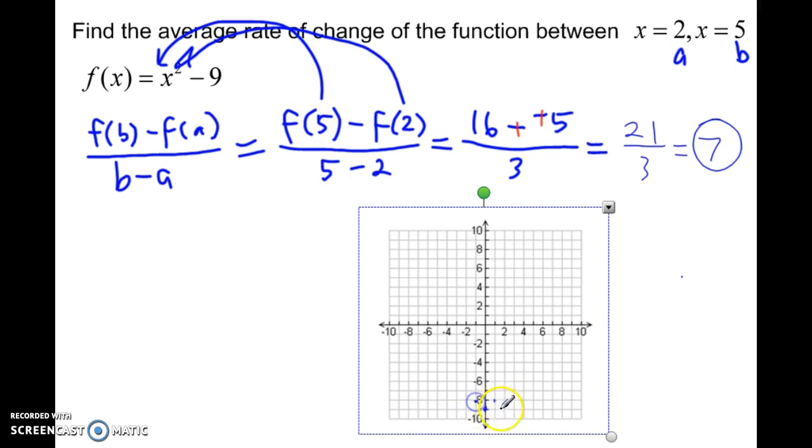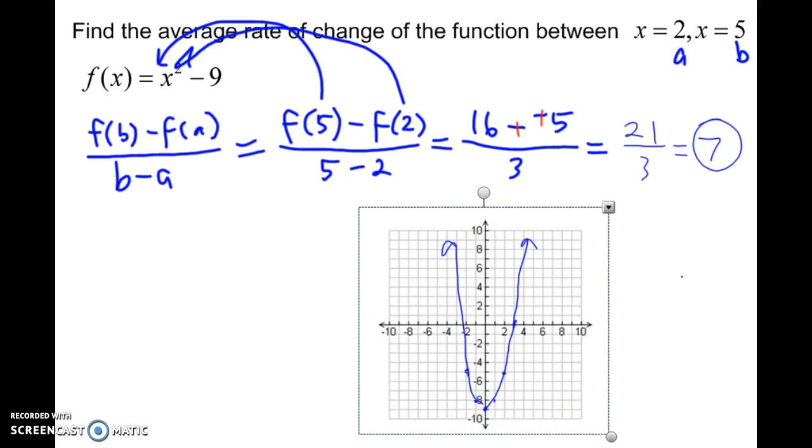Just a few points. Let's see, 3, that's 9 right there. The graph looks something like this, roughly. Real rough graph. I know that's not very good.